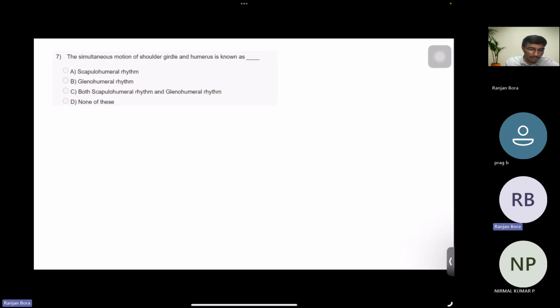The simultaneous motion of the shoulder girdle and humerus is known as, yes, it is both scapulohumeral rhythm and glenohumeral rhythm. And the next question, the connection thorax, clavicle, scapula is what kind of mechanism?